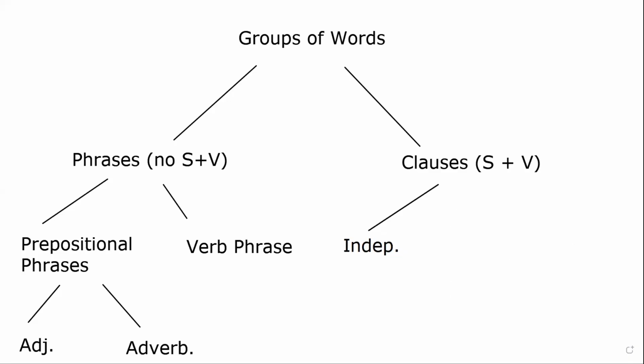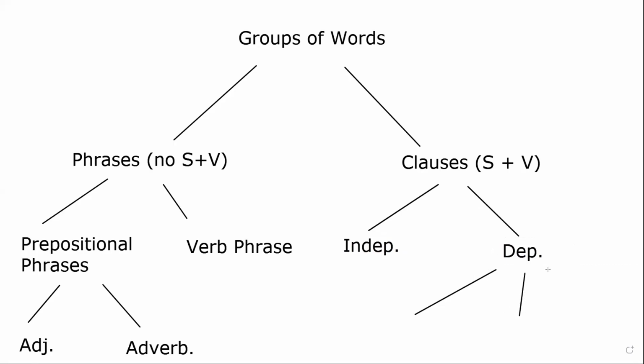And then there is the dependent clause, which does not stand alone and acts as a single part of speech. And so we have three different parts of speech that the dependent clause can act as.